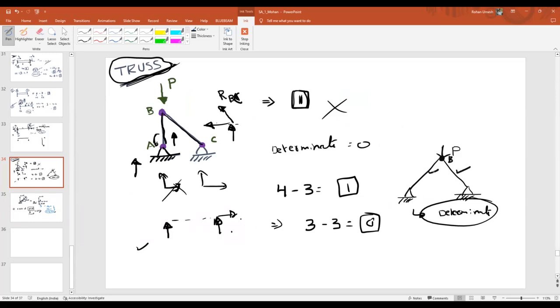And if I know the force in this member, I can find the force at this support. Similarly, if I know the force in this member, I can find the force at this support. So that's why this will be classified as a determinate case. We will again discuss these cases while analyzing the truss problems. As of now, at least, did you get an idea why it is determinate?